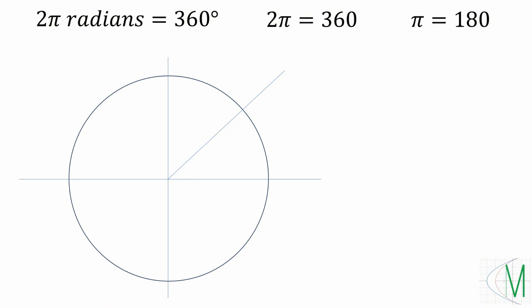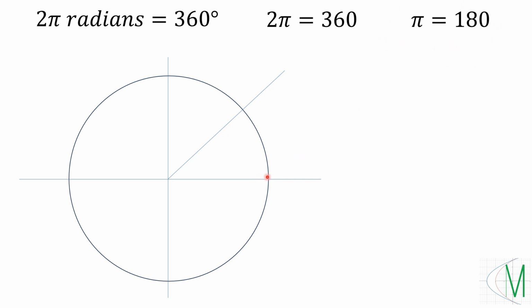Now before I move on, I do want to point this out. 2 pi is the same as 360 degrees. All the way around the circle is 2 pi radians, the same as 360 degrees. Halfway around the circle is 180 degrees, that's pi radians. So we just used math to show that this is true.